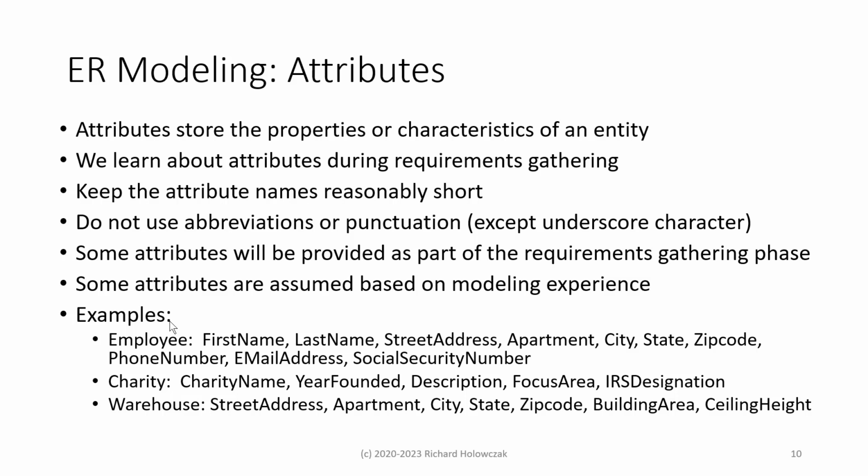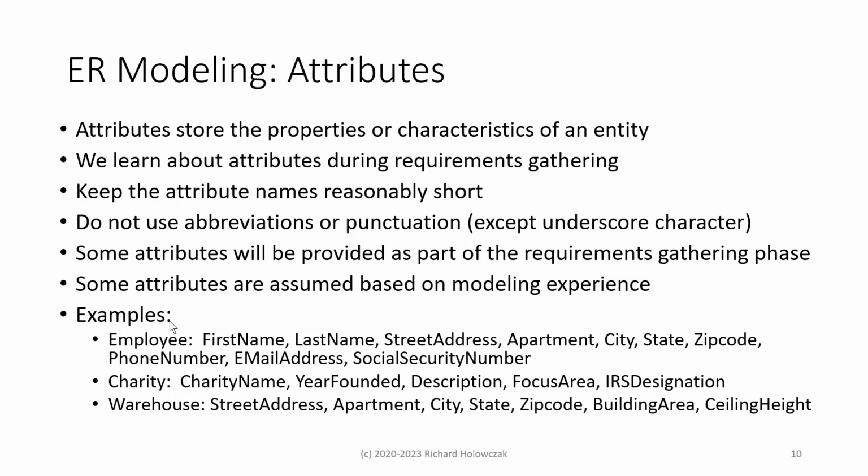Maybe if we have an entity called a charity, we might have the name of that charity, the year it was founded, and a description of the charitable causes that this charity is involved in. Maybe there's a focus area where they focus their charity efforts, and it might have an IRS designation, a tax designation if they're a 501c3 organization or something like that.